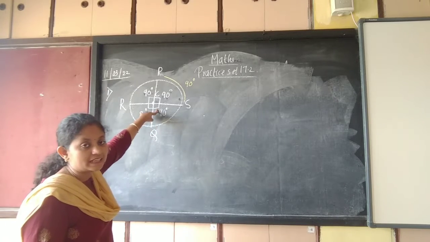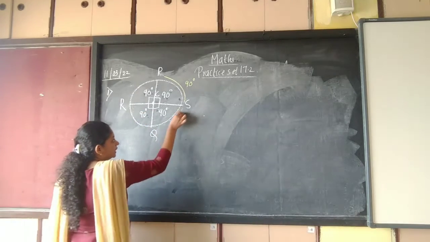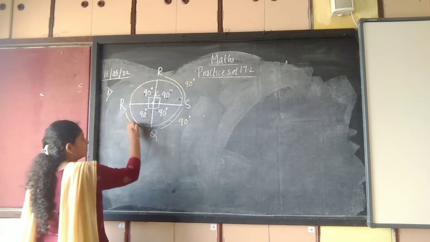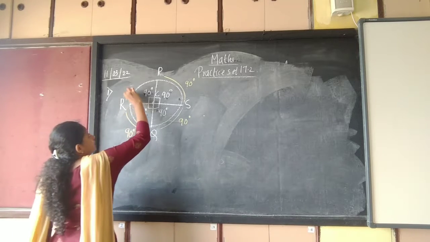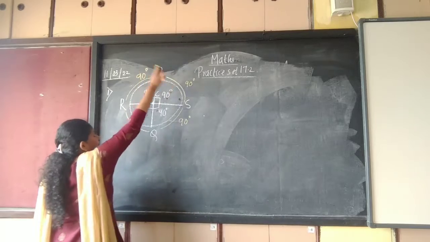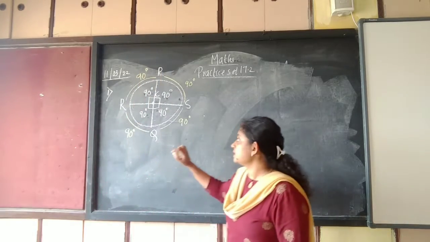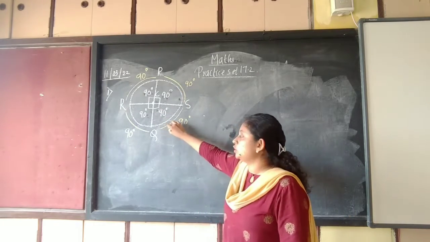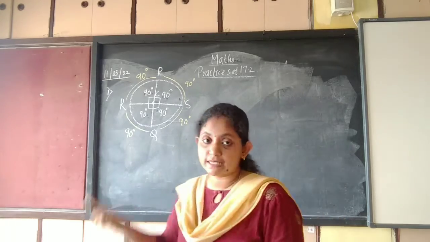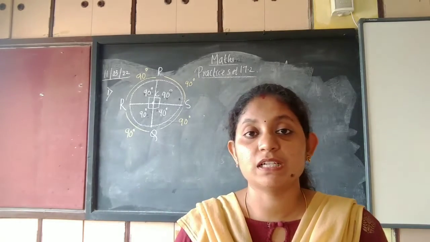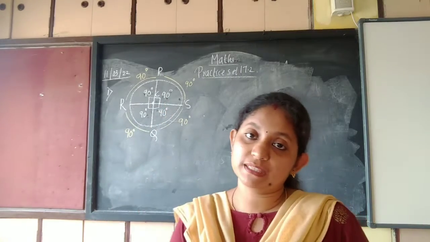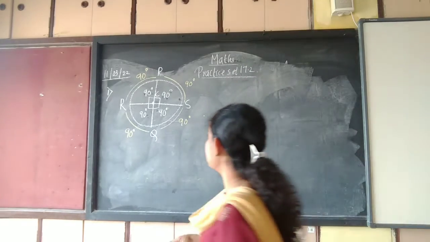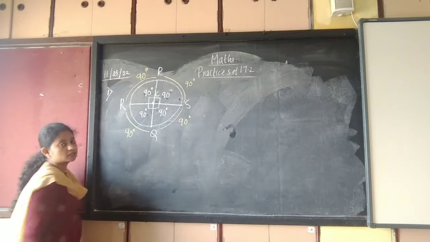If this angle is 90, the arc is also 90, and here also it is the same, and PR is also 90 degrees. Now what are we supposed to see here? We have to tell that arc PS is congruent to arc SQ. You can see both have the same measurement. If measures of angles are the same, the arcs will also be the same. If arc measurement is the same, then we can tell that they are congruent. So this arc and this arc are congruent to each other.